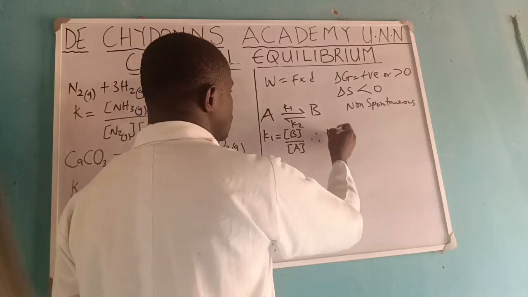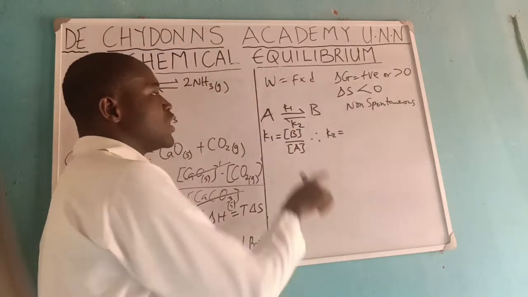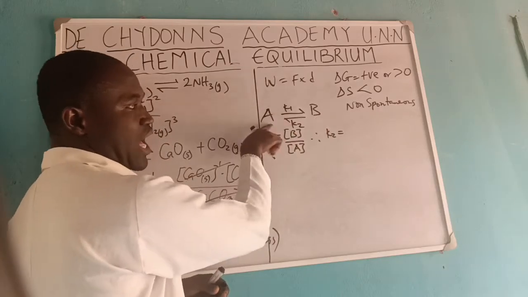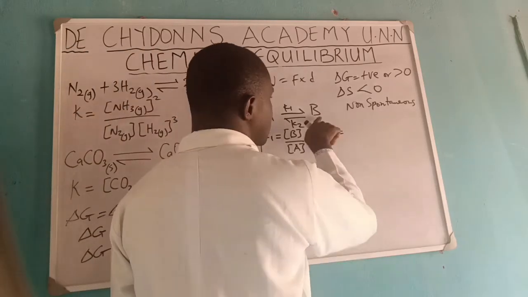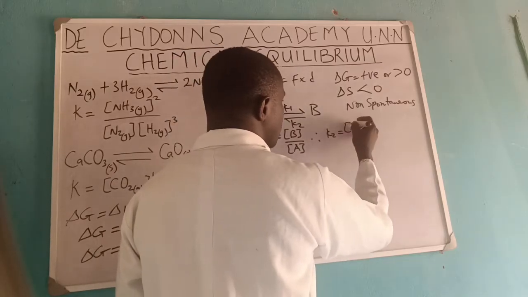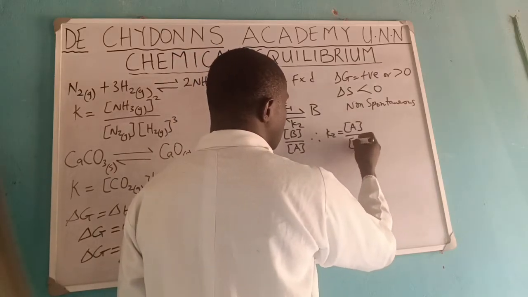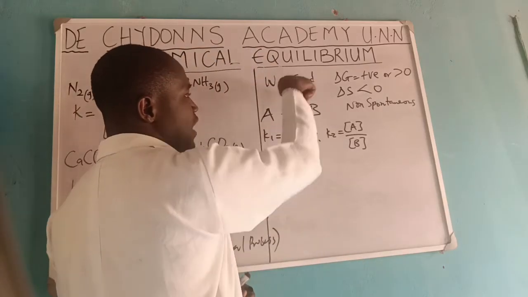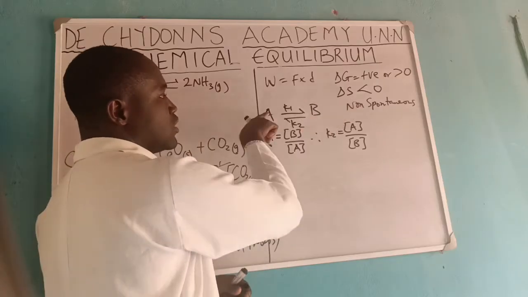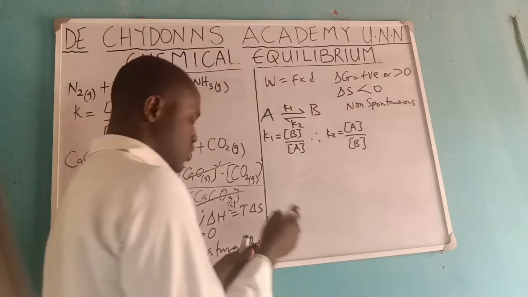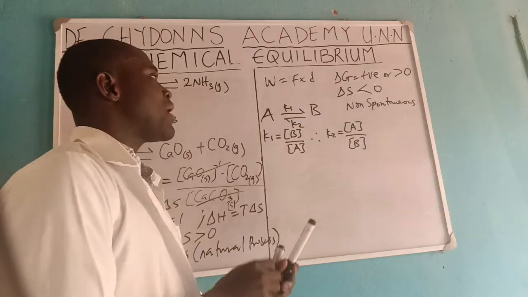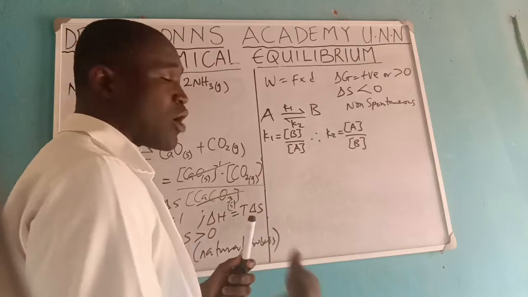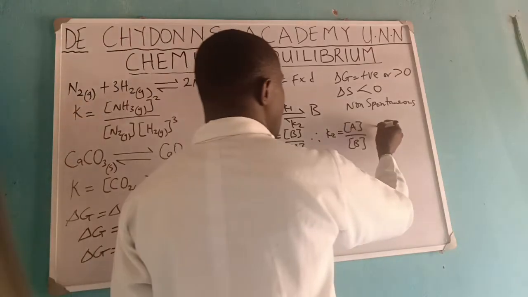Therefore, when you talk about K2, it means that this one will not be the reactant to produce this. This is the arrow for K2. For K2, this is the reactant, this is the product. Then for K1, the forward reaction, this is the reactant and this is the product. That means K1 is the equilibrium constant for the forward reaction, while K2 is the equilibrium constant for the backward reaction.